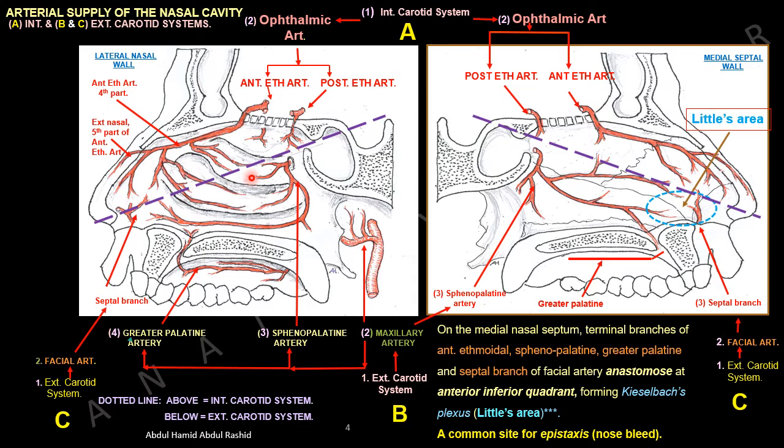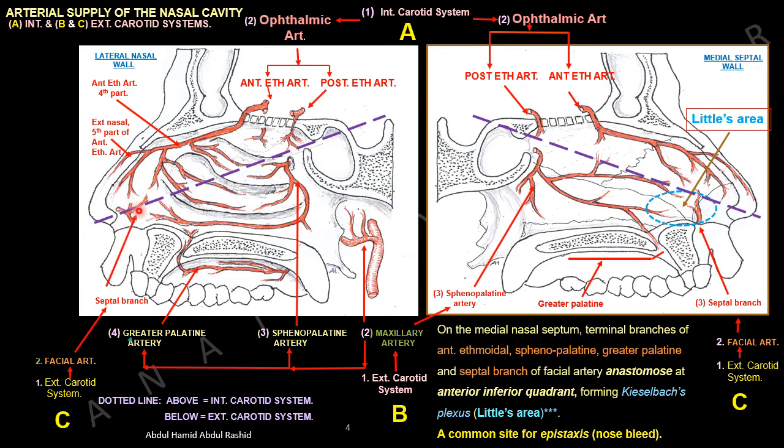This is postero-inferior part which developed from the maxillary prominence. Artery of this maxillary prominence is maxillary artery. So this area, postero-inferior part, will be supplied by the branches of the maxillary artery. They are sphenopalatine artery and greater palatine artery.